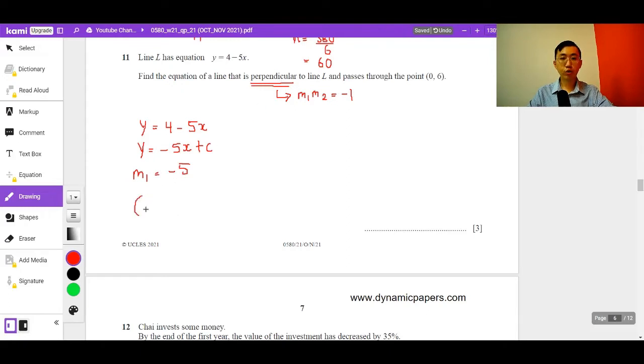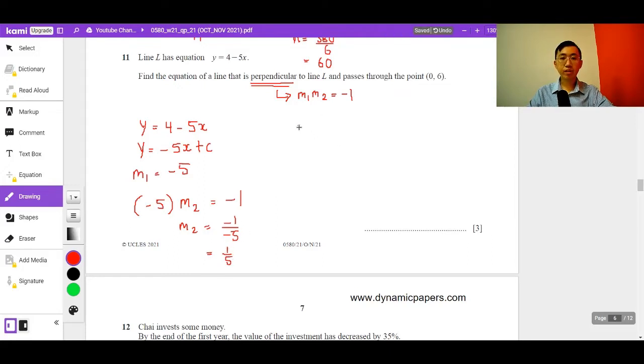So we substitute m1 is -5, m2 is the one we want to find, equals -1. In order to find m2, you move this to the other side. m2 is -1 divided by -5. You are getting positive 1/5. Okay, so that is the gradient of your perpendicular line.